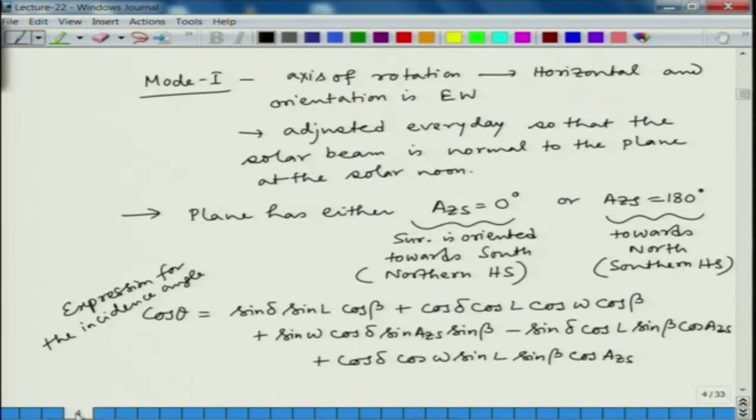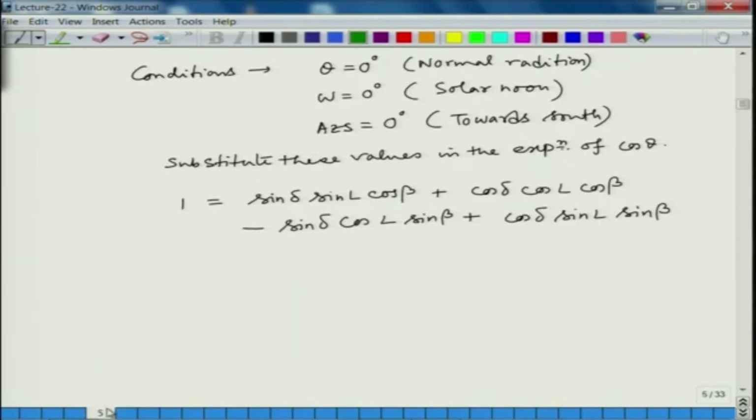You can see here that this particular term gets 0, because we have this sin Az in it and sin Az is 0. So, that term vanishes. The other 4 terms are simplified in this fashion.